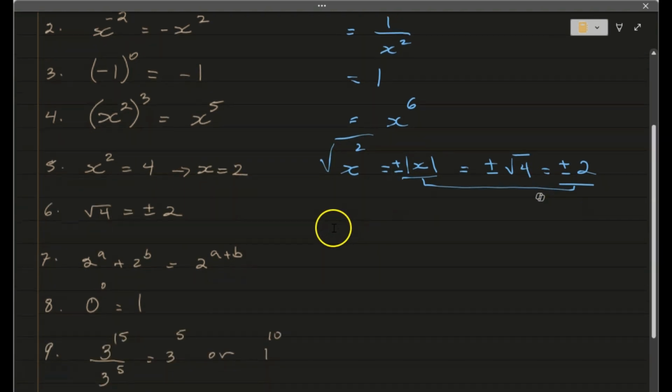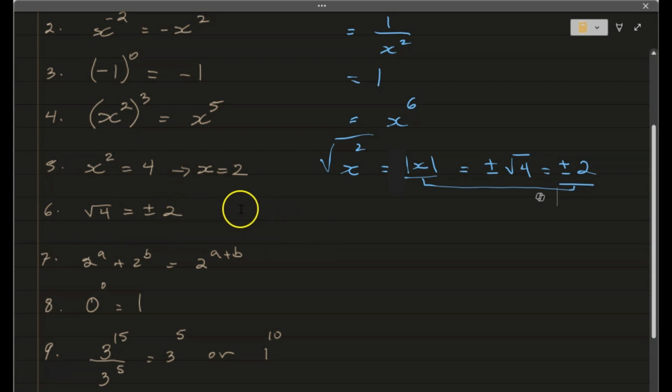Now, let me show you the other common mistakes. This one is very interesting because some students actually overcompensate. They say, okay, well, if x squared equals 4 gives plus or minus 2, then the square root of 4, or the square root of any number, is plus or minus that value. Well, that's a mistake.